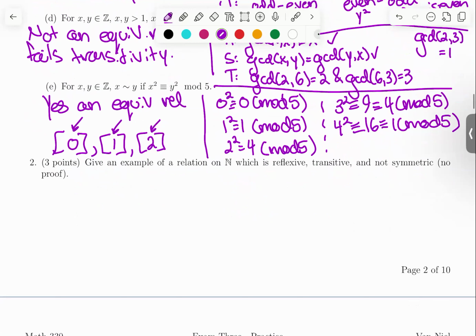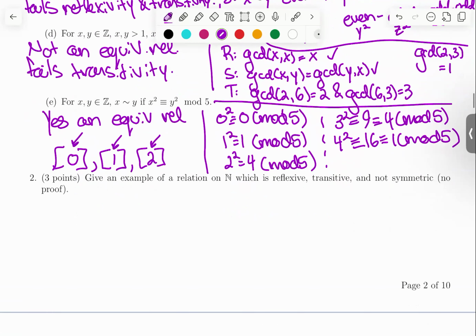All right, so give an example of a relation on the naturals which is reflexive, transitive, and not symmetric. How about x twiddles y if x is less than or equal to y? And again, you don't need to prove it, but here we go. x is always less than or equal to itself because it's equal to itself.